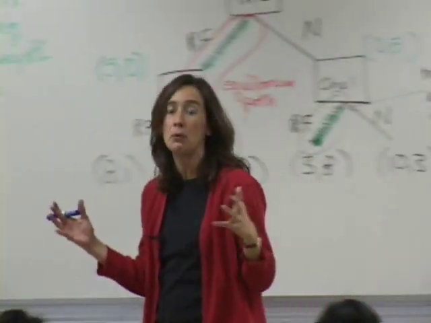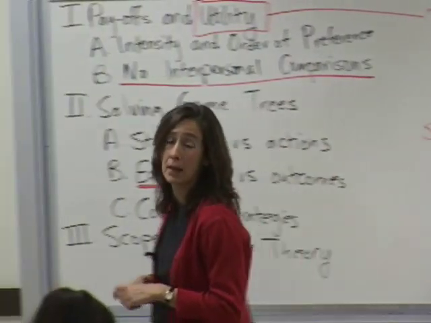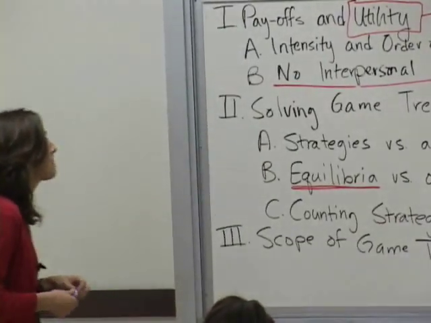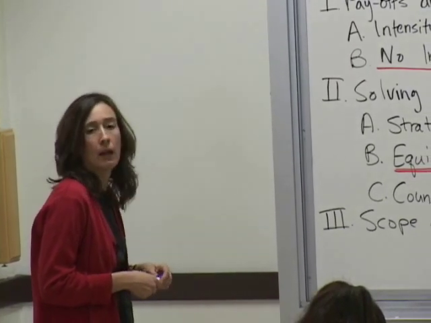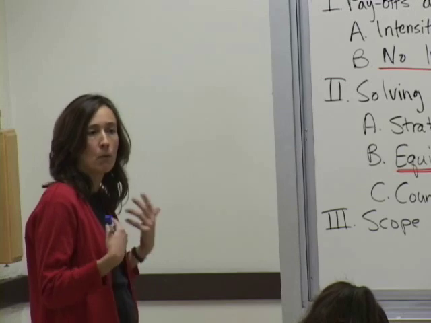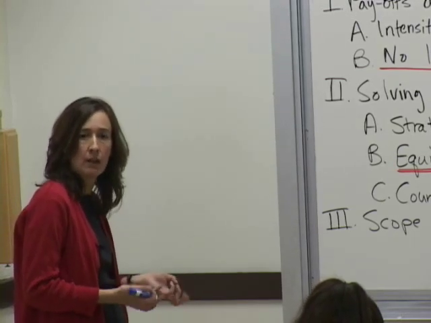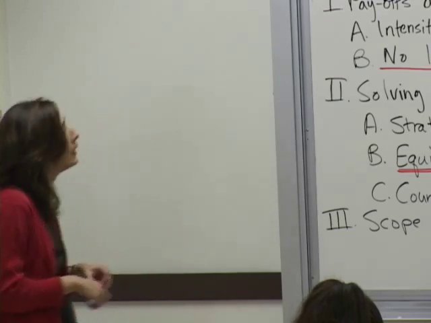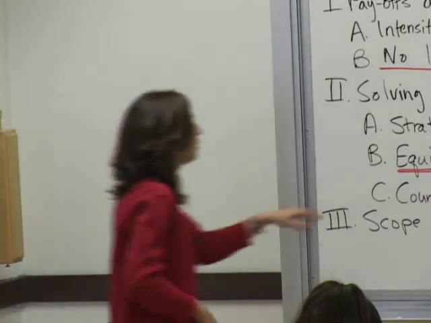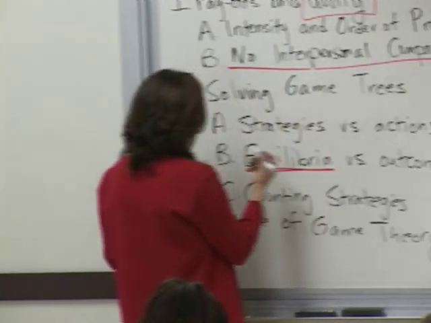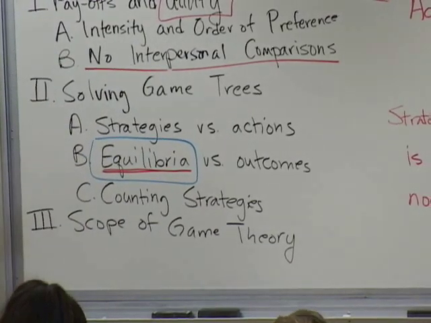If you get big game trees with lots of decision nodes, just writing down the strategies can be a challenge. Thankfully, we can do a lot of analysis. I think we can actually get more insight from small games with few decision nodes than big, hairy games with 1 million decision nodes. Strategies are more complicated than actions. And then the next step up is equilibria are more complicated than strategies.